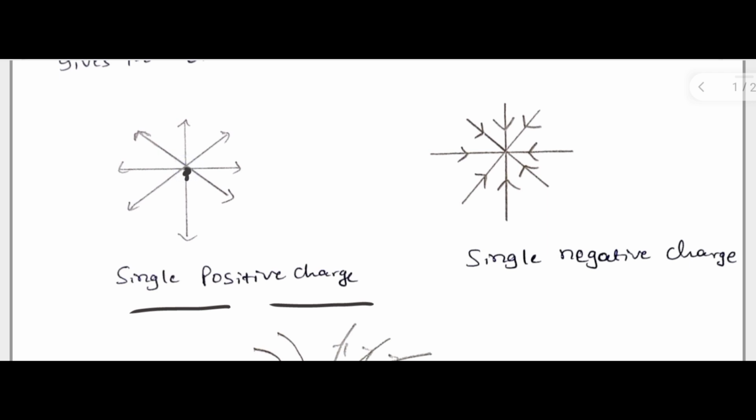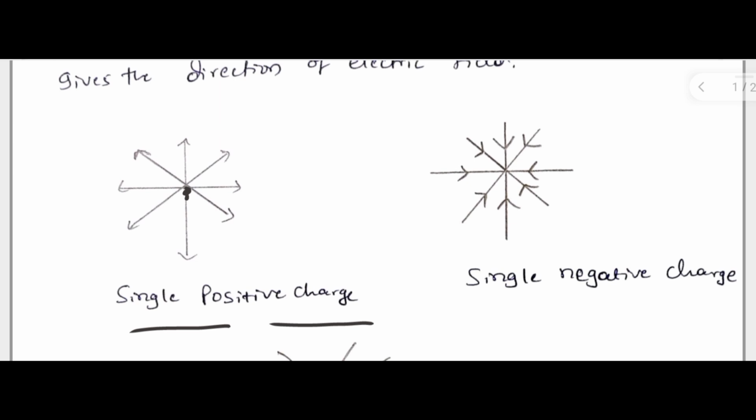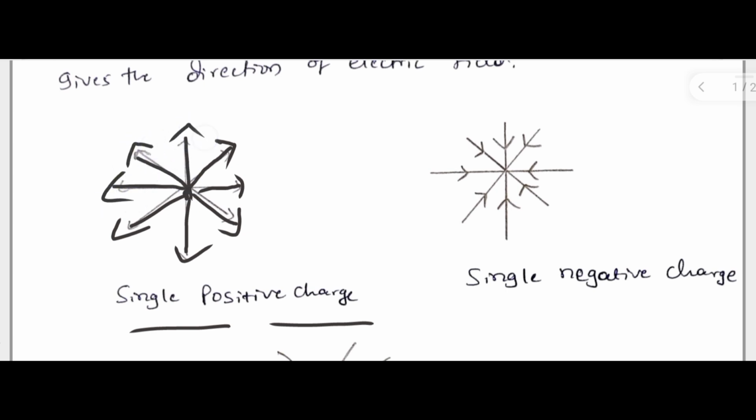Around the charge, in all possible directions, the electric field lines get formed, and one thing we have to observe is the field line direction. For a positive charge, the direction is always outward, and the same structure is there for a negative charge, but the direction is inward.